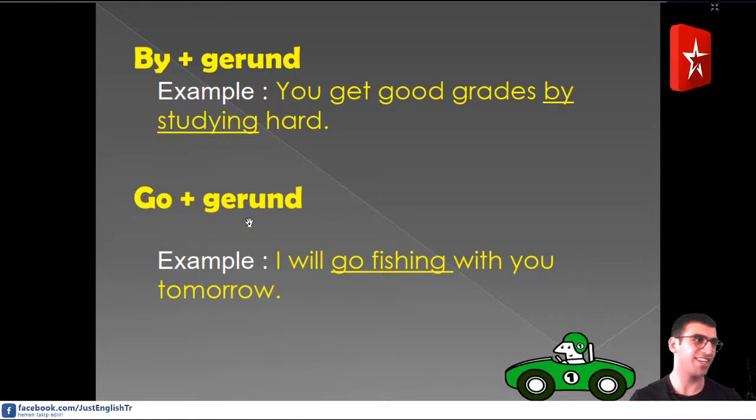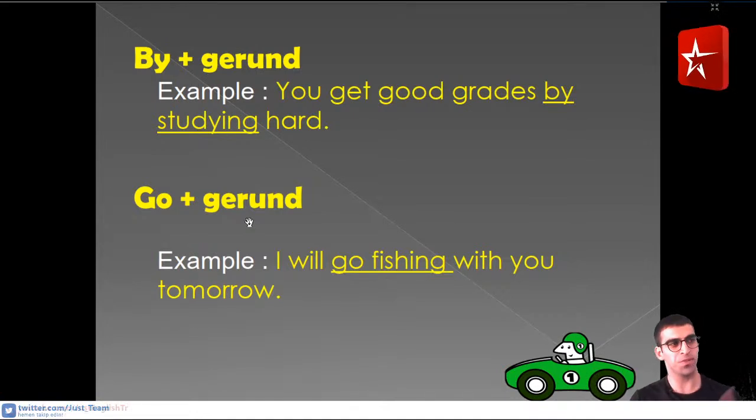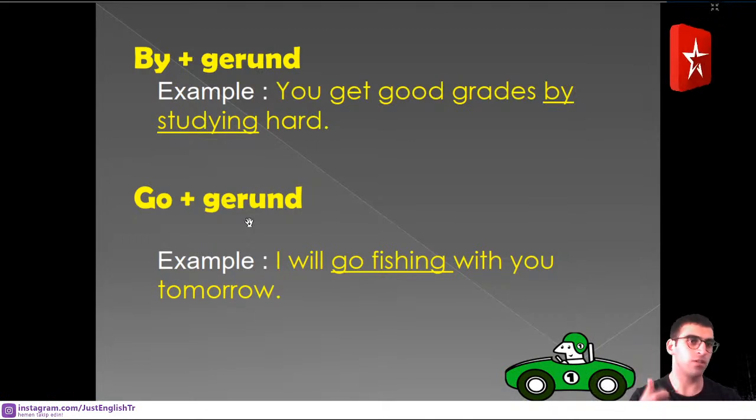Hiking, fishing, swimming. For example, I go swimming twice a week or 8 times a month. So after go, we can use gerund in the sentence.